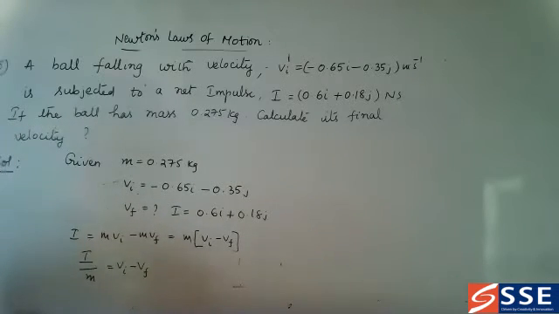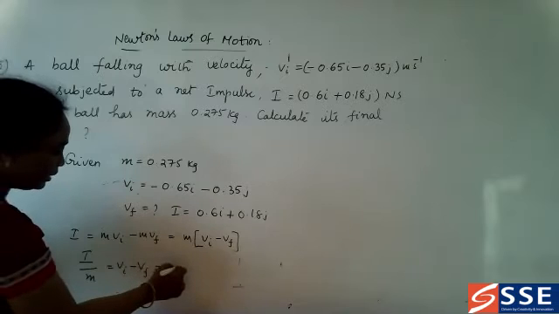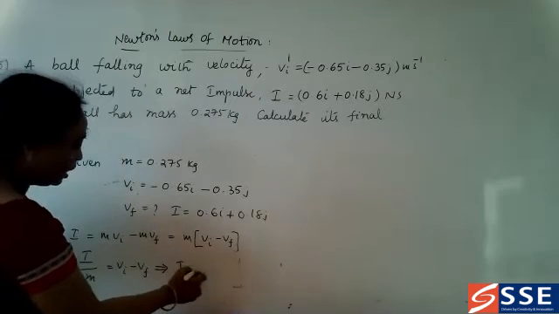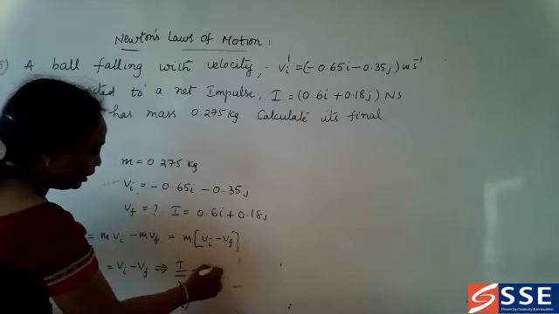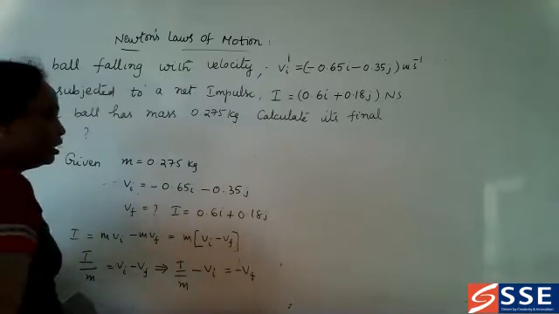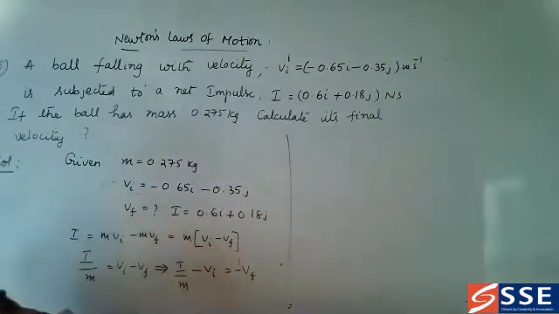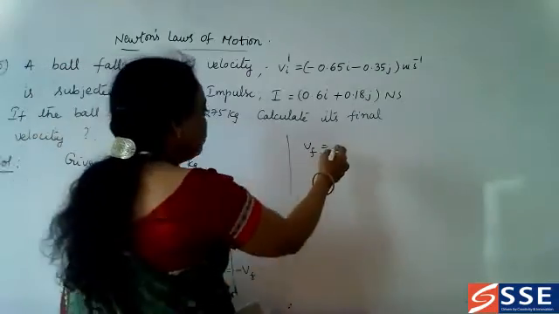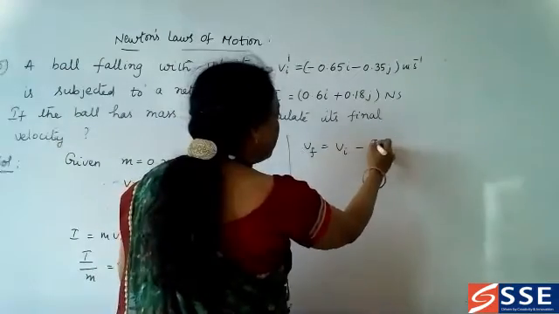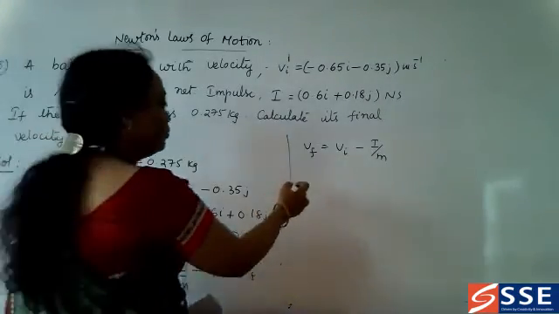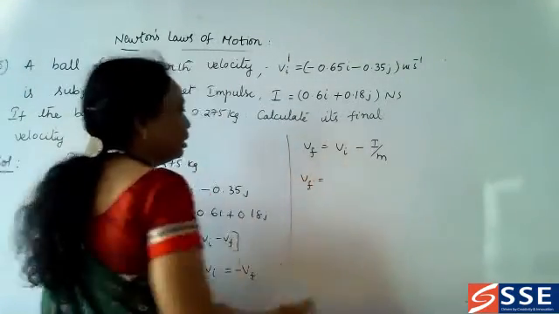Vf is the required final velocity, therefore Vf is equal to Vi minus I by m. So this is the final velocity problem, and therefore substituting this one, Vf is equal to Vi.